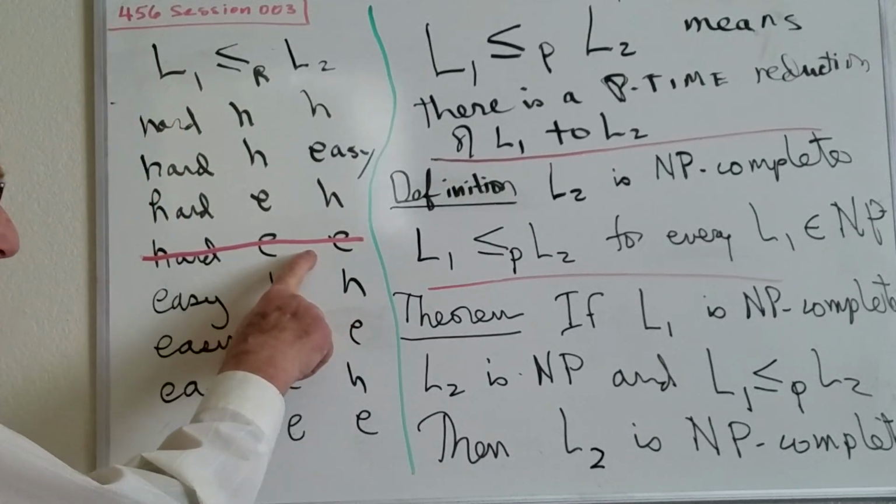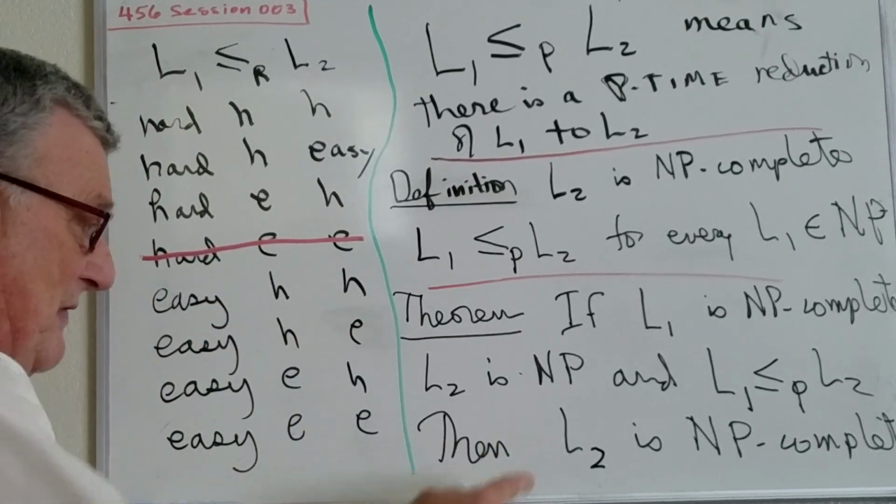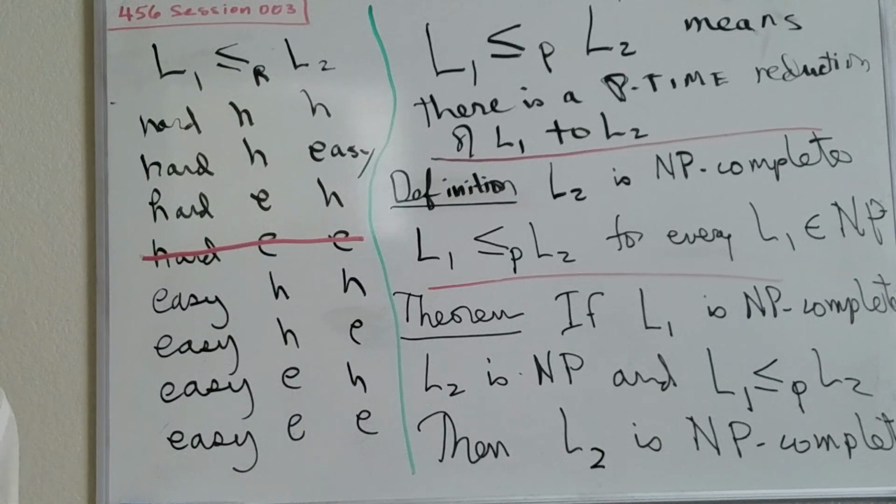And since L2 is not easy, it must be hard, which means it's NP complete in this sense. And so therefore, actually, let me put it a different way. Hard means NP complete, and easy means not NP complete. So actually, I don't need to say that easy means polynomial.